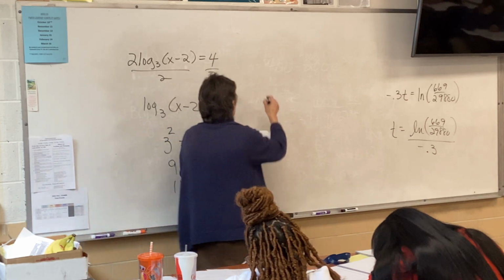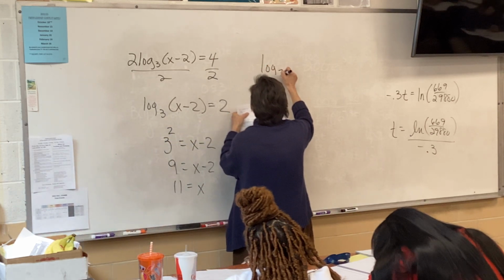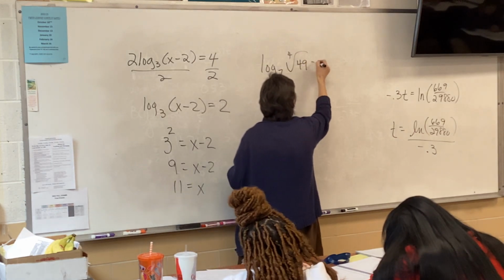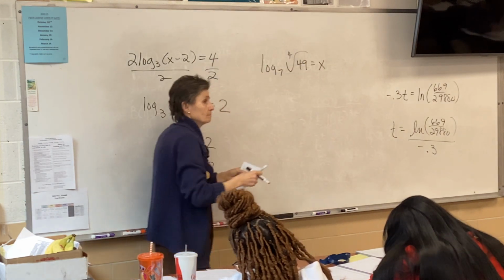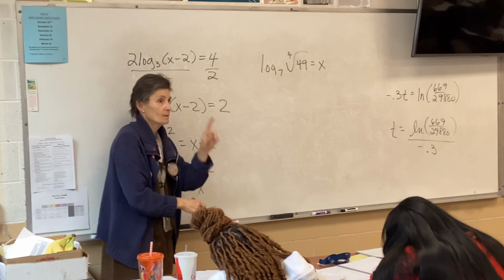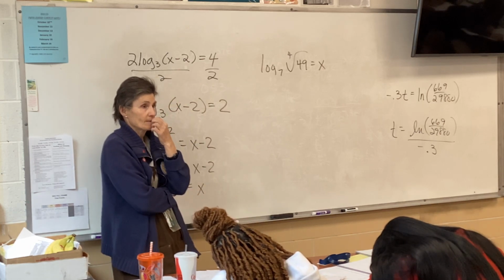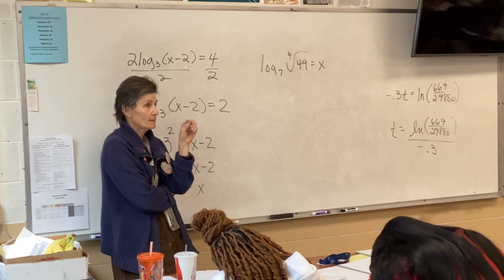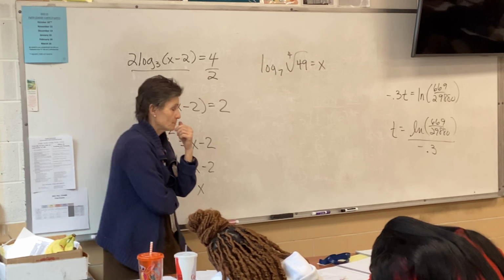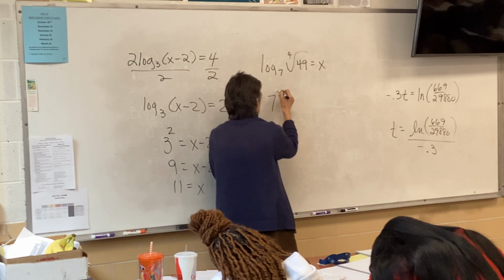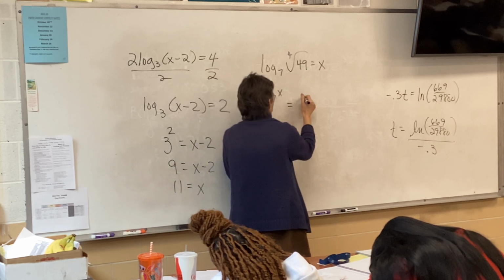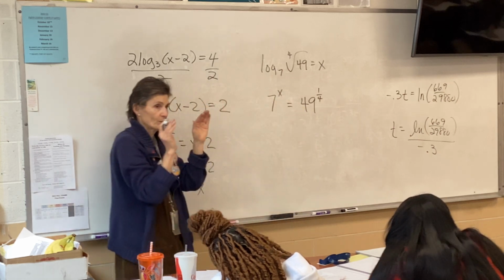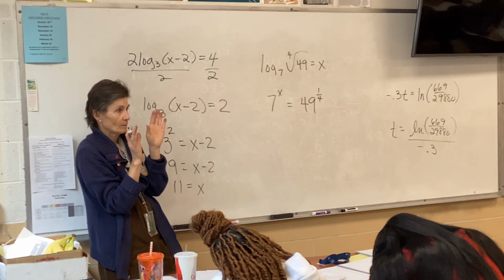Letter B. Log base 7, what is that, 4th root of 49? What did I just tell you? When you have log equals number, you're going to loop-de-loop. So 7 to the x equals 49 to the 1/4. Whoa, whoa, whoa, Miss Ford, what did you just do there?